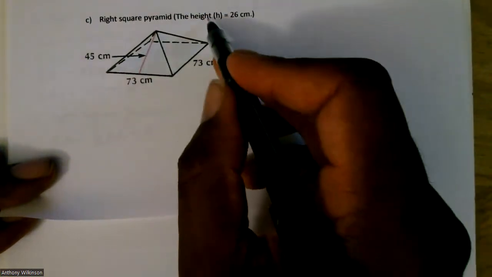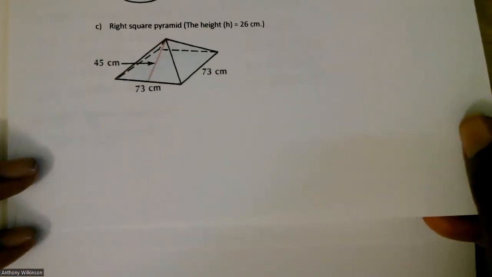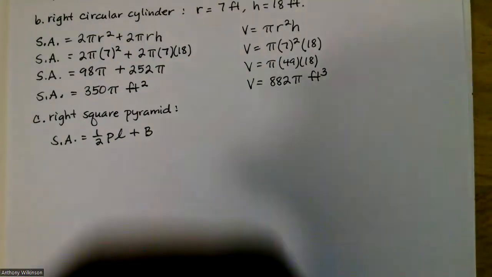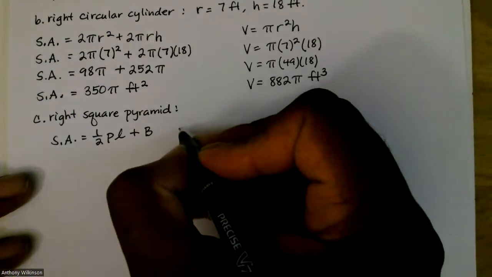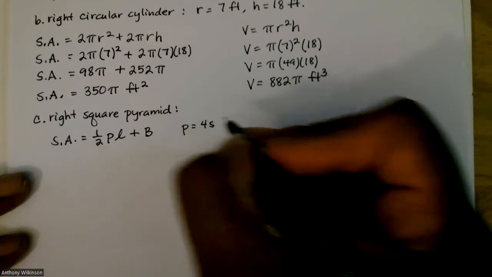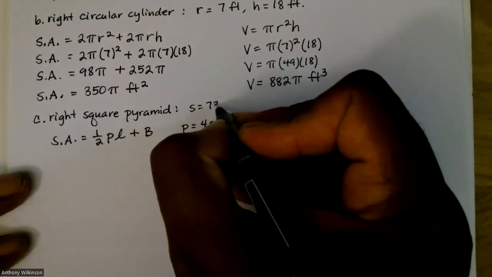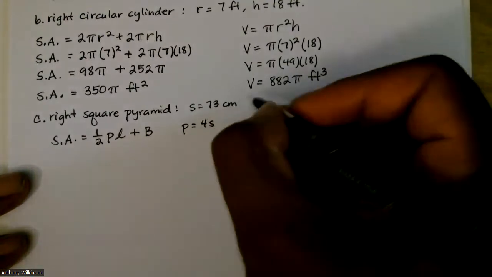And you are given what the height is. That's going to be 26 centimeters. So we're going to be using that later when we find the volume of that right square pyramid. Okay. Let's see. Since it's a square, the perimeter of a square will be 4 times S. And in this case, your S is going to be 73 centimeters.